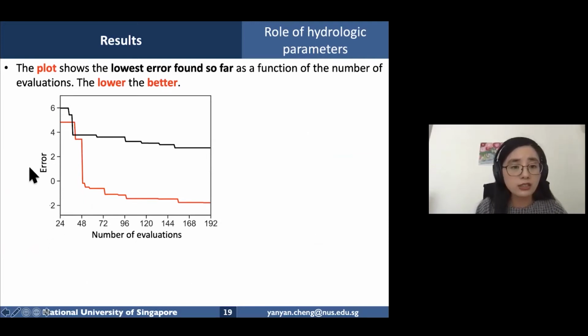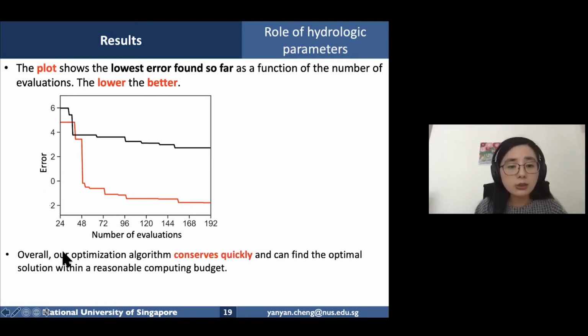The y-axis is the difference between the model simulation and the observation, so the lower, the better. When we look at this graph, we can see overall our optimization algorithm converges very quickly, and we can find the optimal solution within a very reasonable computing budget. Here are 192 model simulations in total.